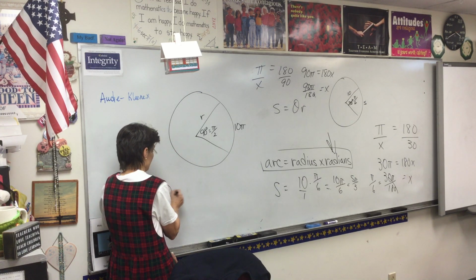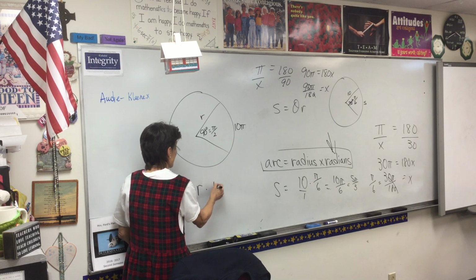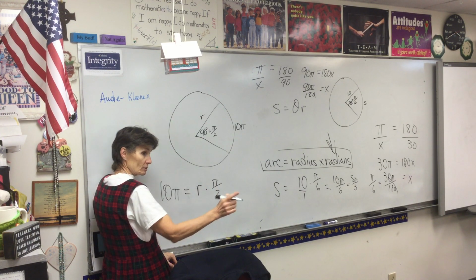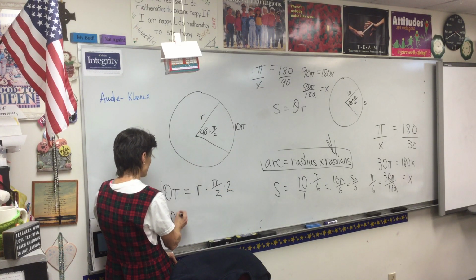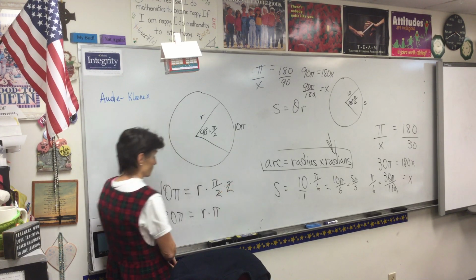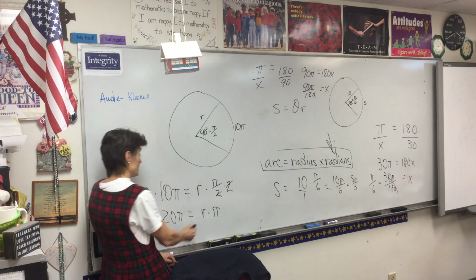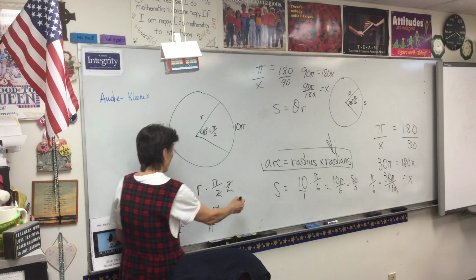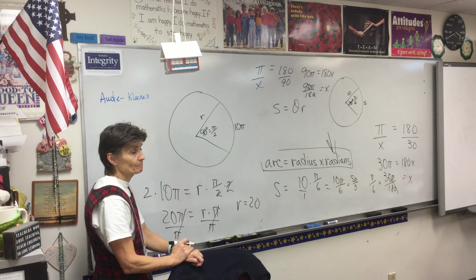Arc length equals radius times pi over 2. Multiply by 2. So 20 pi equals r times pi. And then divide by pi. So r equals 20. Your radius is 20.